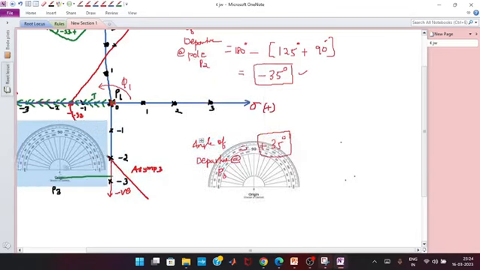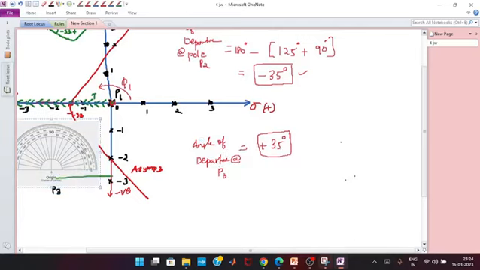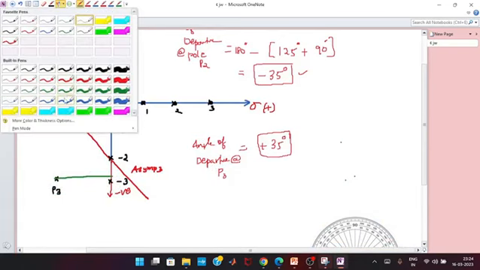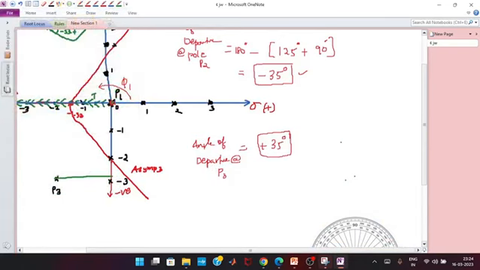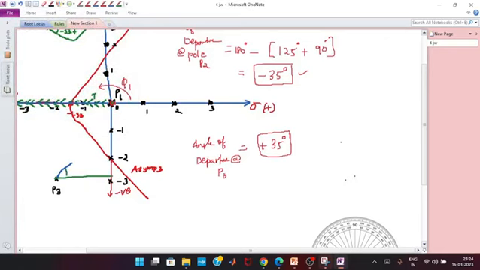From this you have to find the angle, 33.3, right? At this place let me make a mark. So from here to here the angle will be plus 35 degrees.